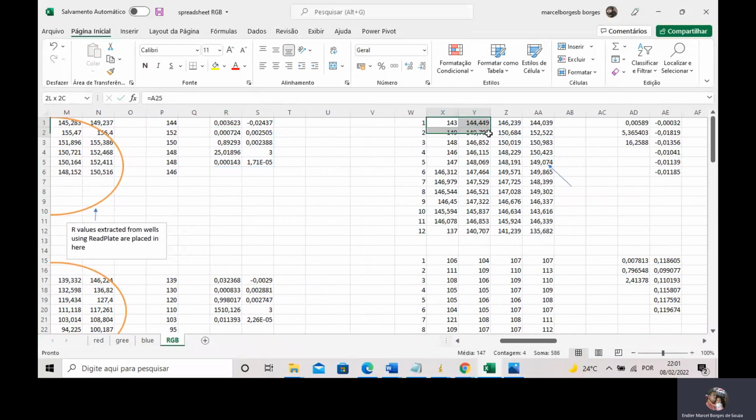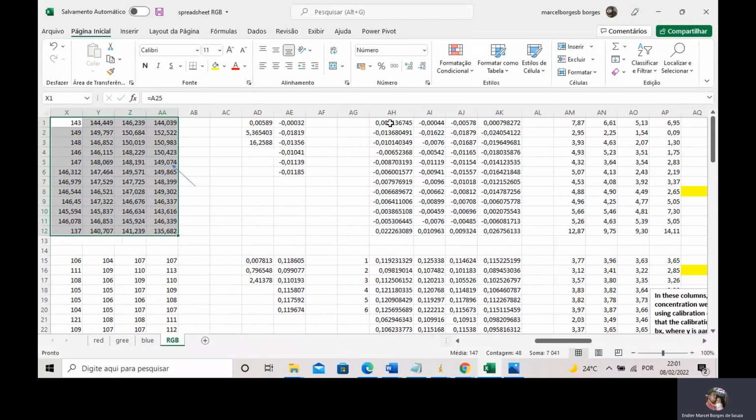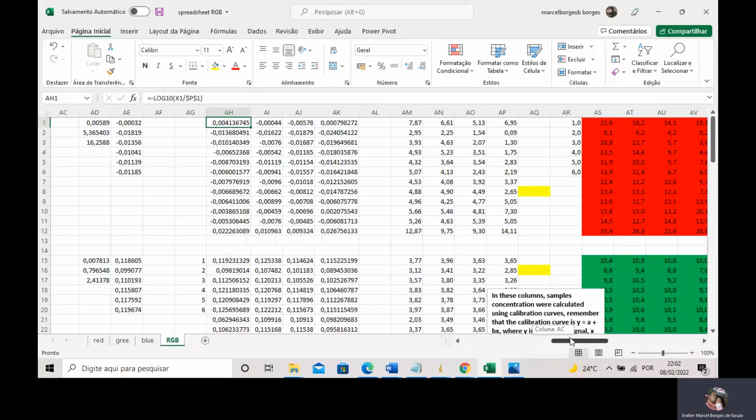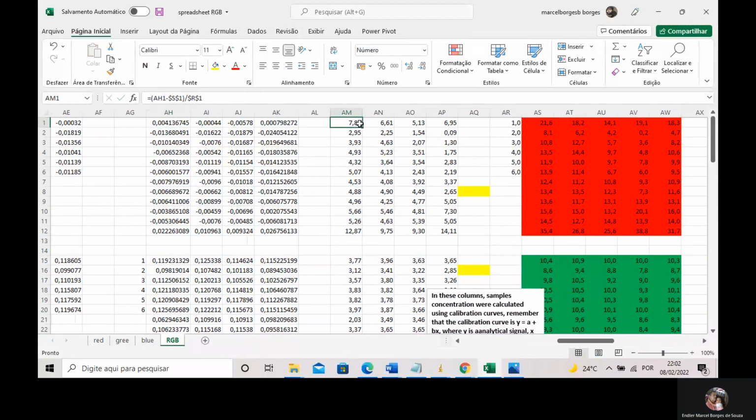In here, I have the hue values of my samples. In here, it shows how hue values were converted into analytical signal. And in here, using my external calibration curve, I have the analytical signal converted into iron concentration.